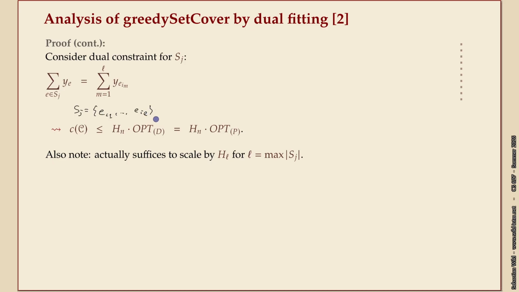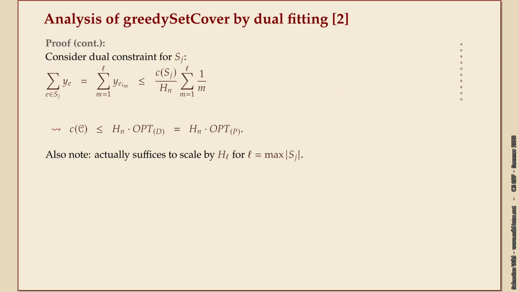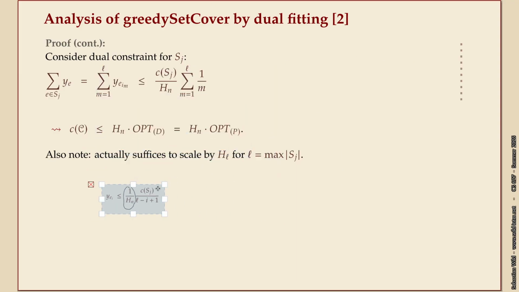There's some ordering of the elements, or there's some indices of the elements in this ordering, so that always works, or that always exists. So we can rewrite the sum as going through these indices, m from 1 to L. And now we insert what we know about these variables, namely this part. That's what we use.